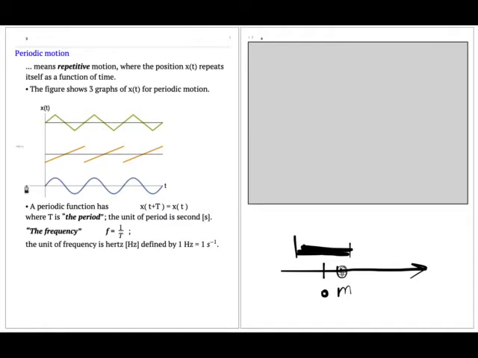And I suppose the most interesting case, which we'll spend a lot of time on this week, is harmonic motion. Sinusoidal dependence of position on time. So this could be a sine curve or a cosine curve.